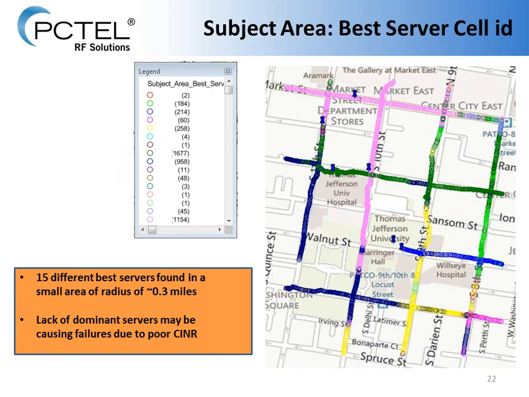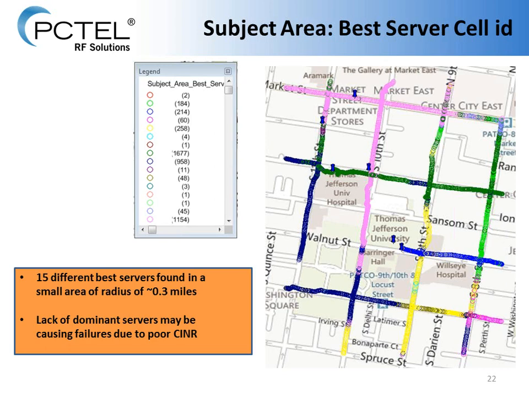Then on the next slide, we looked at the best server cell ID. Again, this is the same 4x4 city block area, which is about 0.3 of a mile. We're finding 15 different best servers in a very, very small area.